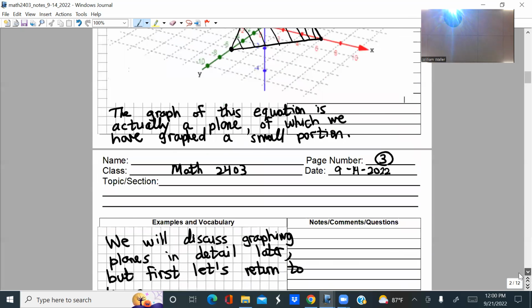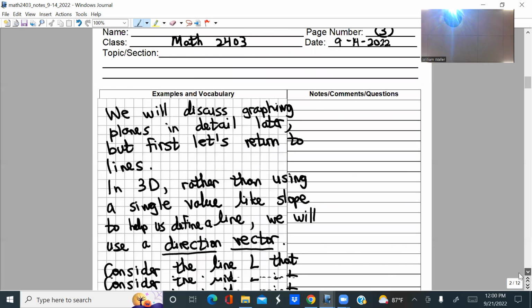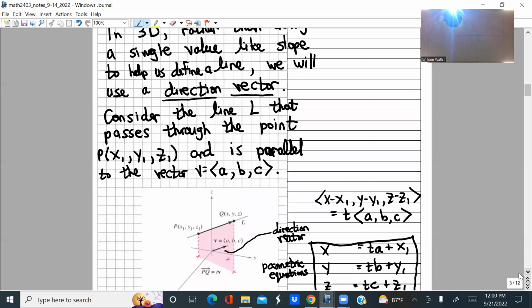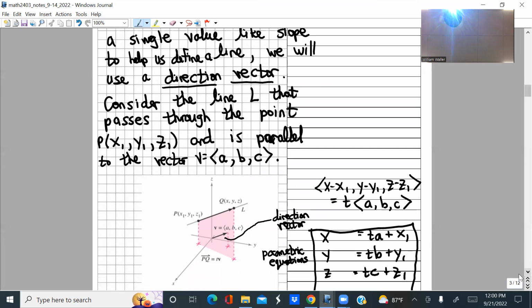So here's the idea that we're going to use, and it's going to look like the idea that we used last time for writing down equations for lines in 2 dimensions. Remember, last time we derived equations for lines in 2 dimensions using vectors. Well, we're going to derive the equations for a line in 3 dimensions also using the idea of vectors.